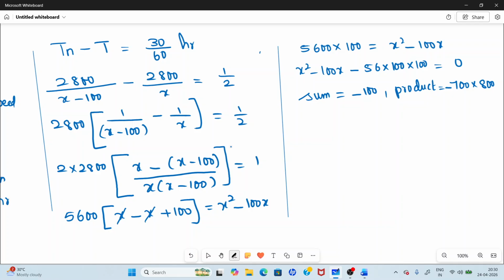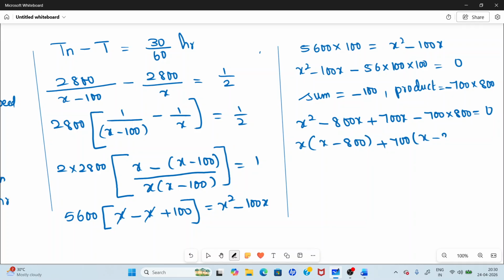So splitting the middle term, x square. So we should get minus 100. So minus 800x plus 700x minus 700 into 800 equal to 0. So x into x minus 800 plus 700 into x minus 800 equal to 0.